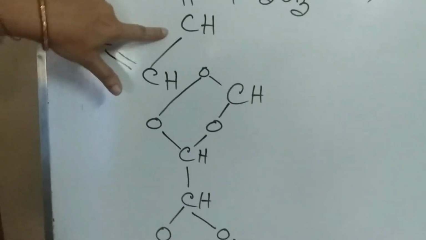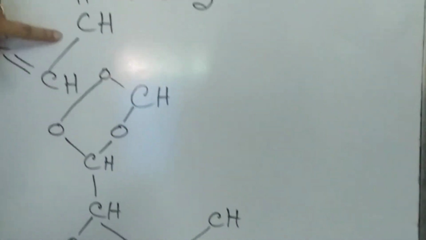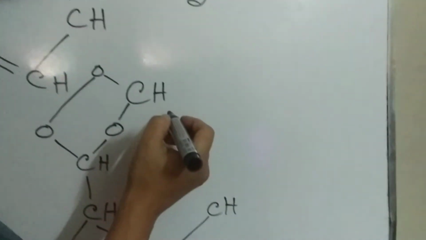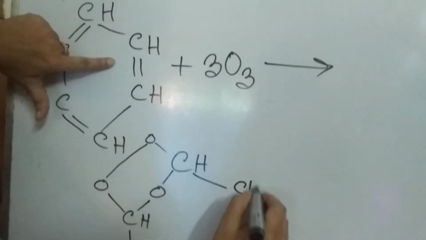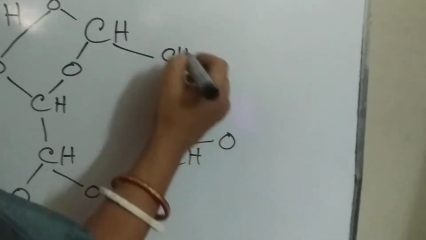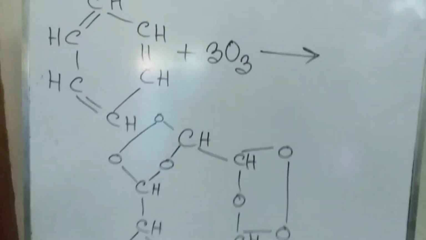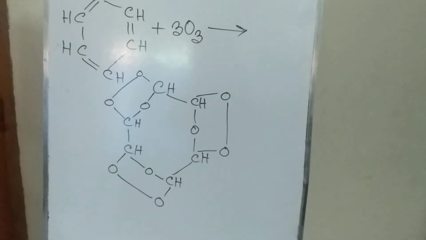Right? Now here single bond, so we give a single bond here. And then double bond, and here also single bond, so we put a single bond here. Then double bond. This way 3 ozone molecules joined with benzene.